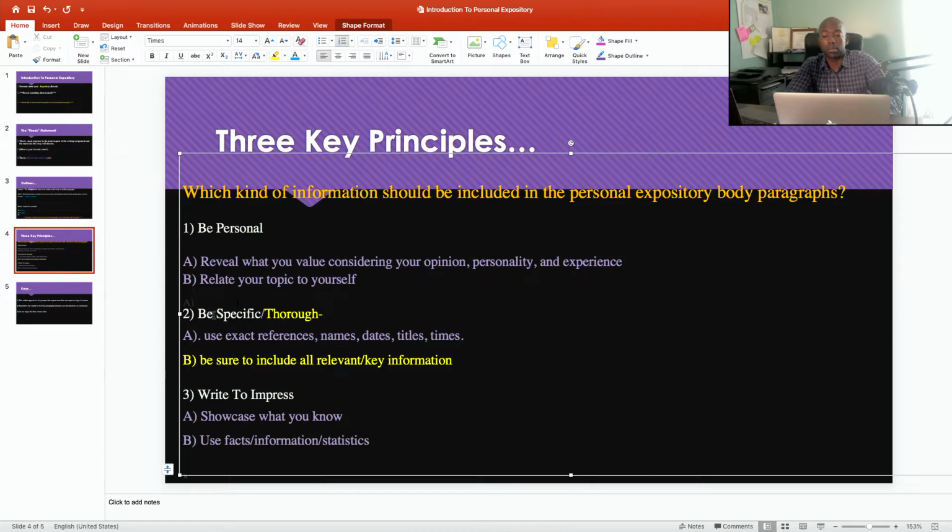I'm also going to be trying to be specific, which means use some exact references and key information. I'm also going to be sharing what I know about Dr. King, whatever the case is. Whatever I know about him, I'm going to showcase that information and try to include it. If you're permitted to do research, then it's okay to do some.